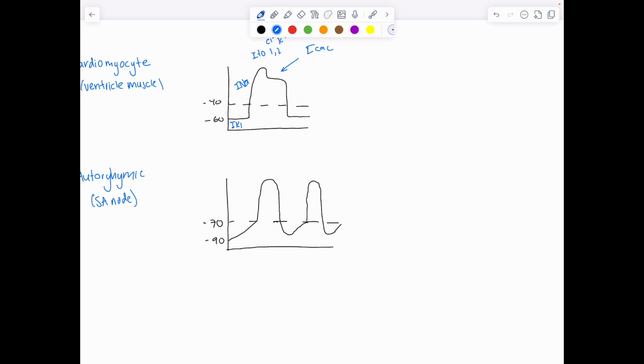So we have our L-type, which is slow calcium coming in. And then we have our IKur, which is our potassium ultra rapid, and then our IKr, which is our rapid, then our IKs, which is slow.